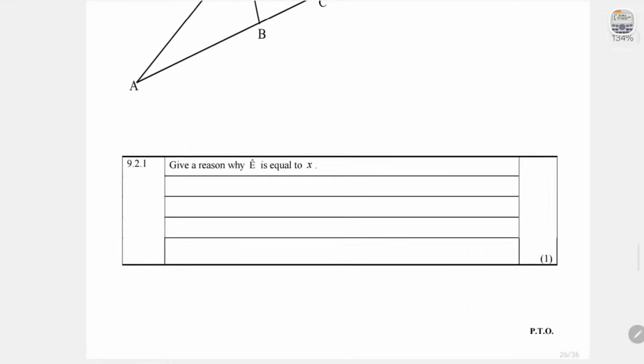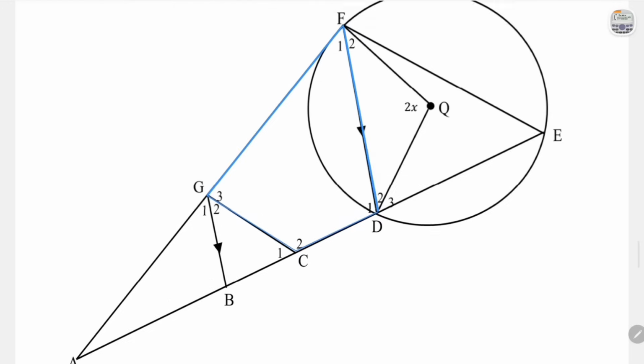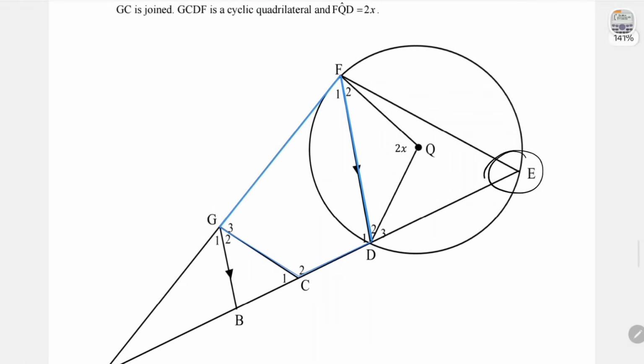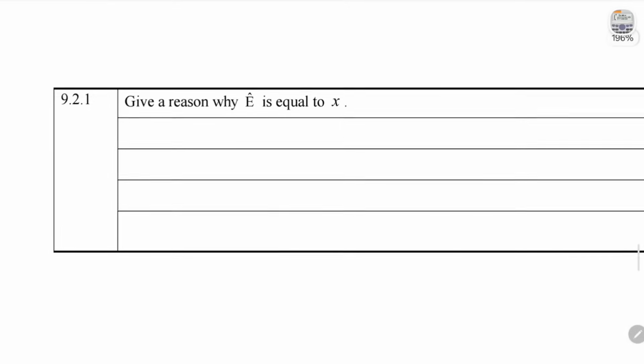The first question is to give reasons why angle E is equal to X. So let's see. Angle E is over here. Why is it equal to X? We can see that we have an angle at the center, which is 2X, and it is also supported by chord FD. So that would be half the size of this angle, following the angle at the center is equal to twice the angle at the circumference supported by that same chord.